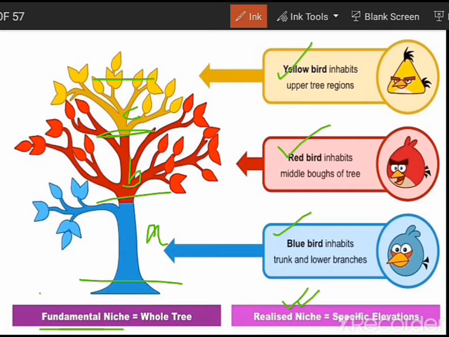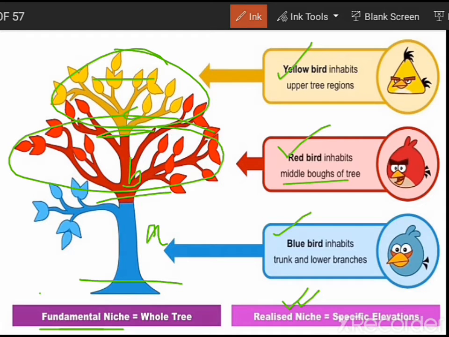The yellow bird finds itself maximally fit when it is present at the top branches, whereas the red bird finds itself fit in the middle range, in the middle part of the tree, whereas the blue bird finds itself, we can say, fittest in the lowermost part of the tree. So now the yellow bird is fit in the first region, that is the C region, so it will specialize over there, and the niche that is formed is due to the yellow bird.